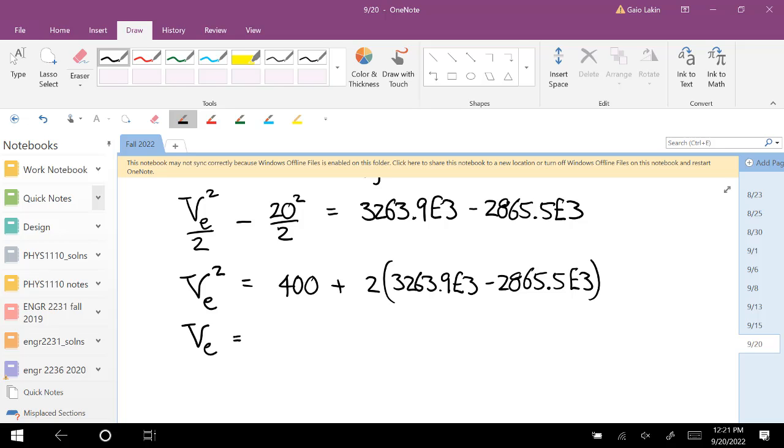I'm getting 892.86. Okay, 892.9 meters per second. Any questions about that?